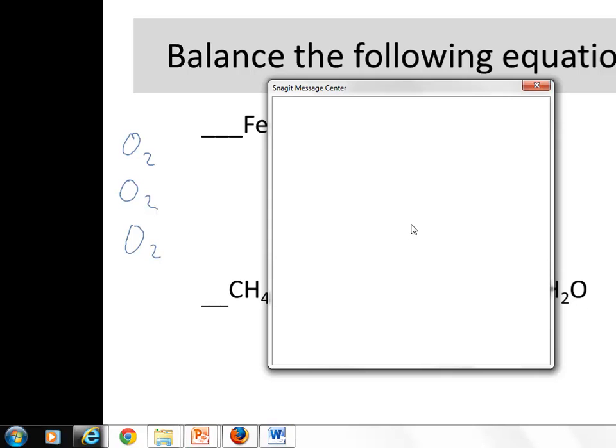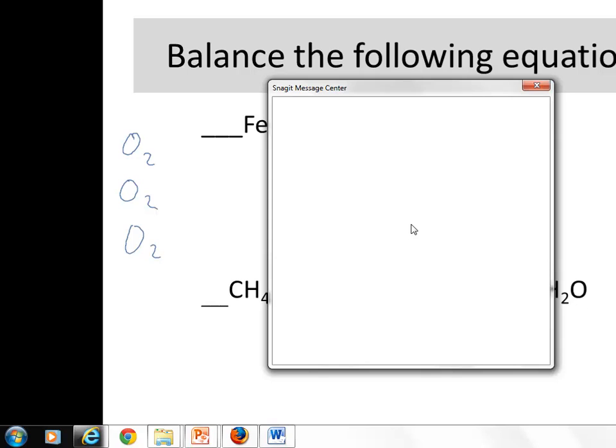So now what do I have to add to this side? I have to add another Fe? Is that enough? No. Now I have 3 Fe's on this side, 4 Fe's on this side. One more. So I need a total of 4 Fe's. Good. What about O's? I have to add another O2. So now I have a total of 6.